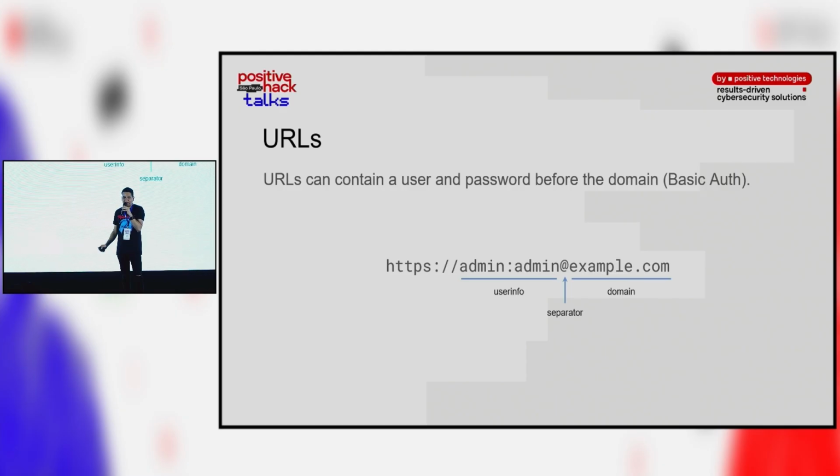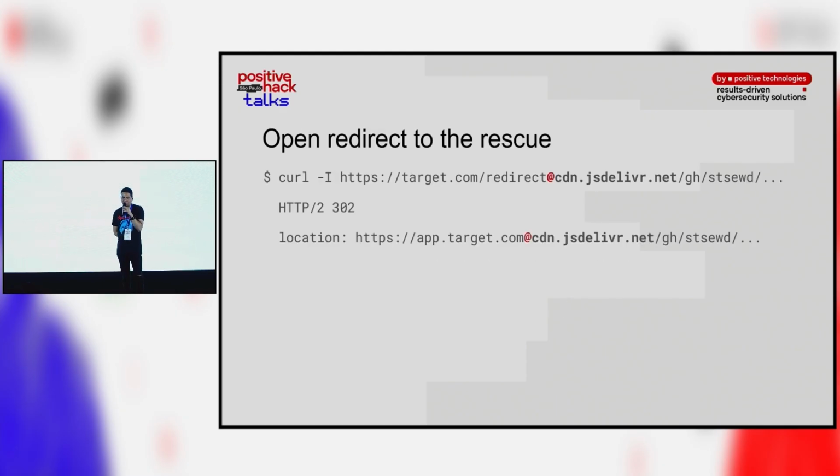So with that in mind, I could use my open redirect this way. I could use /redirect at cdn.jsdelivr.net, and that will redirect me to app.target.com with the @, and while the browser will interpret this as the user info part, that's basic auth, so that will be ignored, and the rest will be the domain itself.